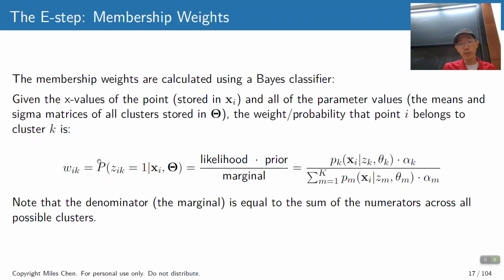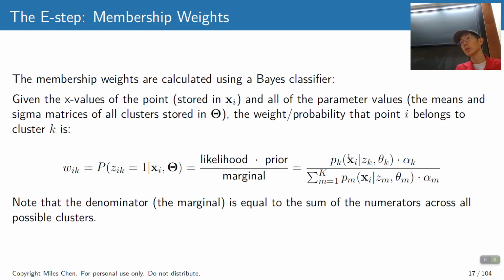Okay, and we're going to say, the probability that some point belongs to this particular cluster. So the weight that observation i belongs to cluster k is going to be basically our likelihood times the prior divided by the marginal. The likelihood is you plug in the value of that coordinate into the PDF for each of the different clusters.